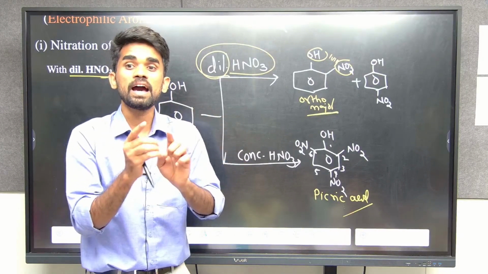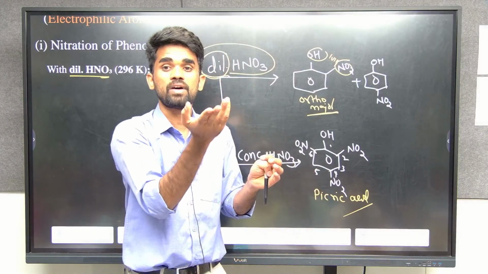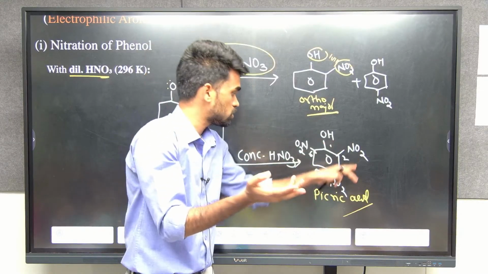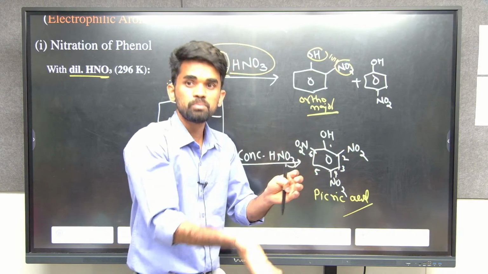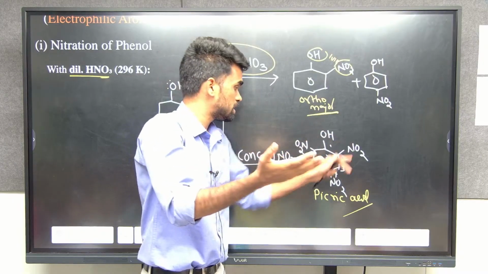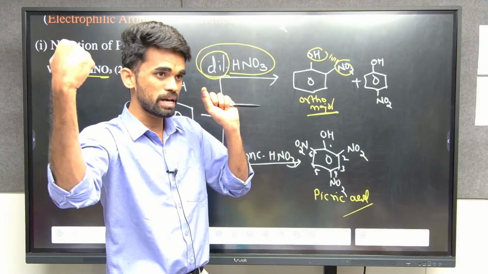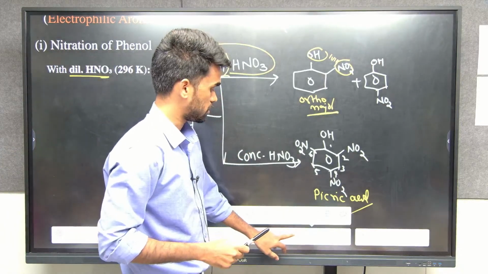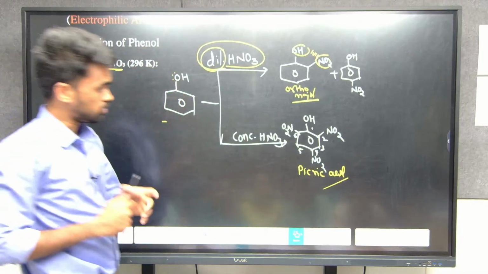Why? Because electron withdrawing groups increase the acidic nature, so more withdrawing groups, more acidic nature. Therefore the phenol's acidic nature is increased by these 3 nitro groups, and it now reacts with sodium bicarbonate. Okay, so remember that. Done with this? Okay.